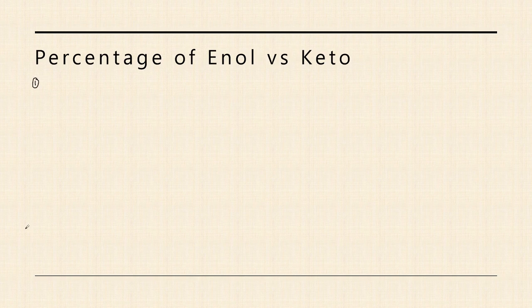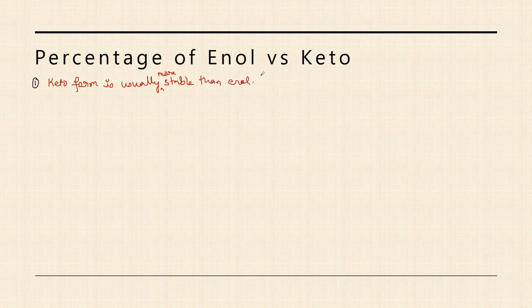सबसे पहले तो आपको ये जानना होगा कि जो keto फॉर्म होता है ना, वो यूजुअली स्टेबल रहता है. Okay, keto form is usually stable, more stable than enol.